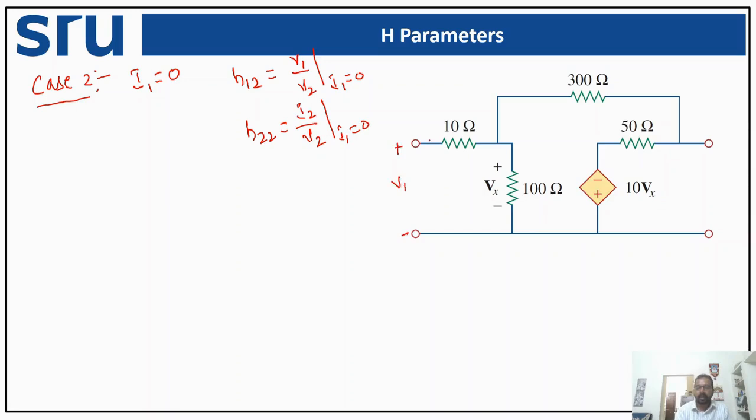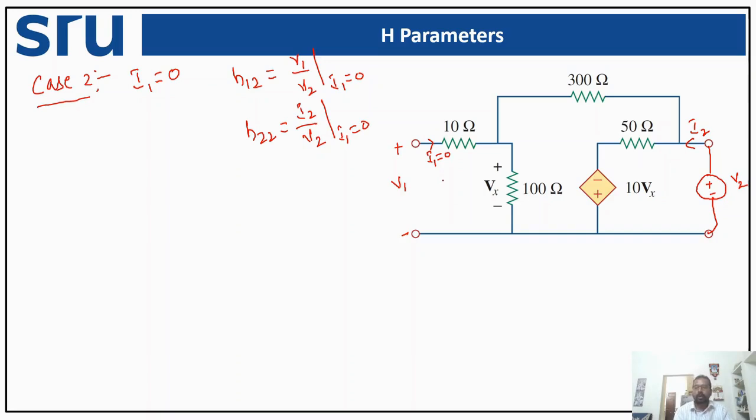Now if we keep the same voltage source V2 as it is, we are going to have current I2. So we are activating the voltage source V2 and deactivating the current source I1. That is, we have opened the first port.